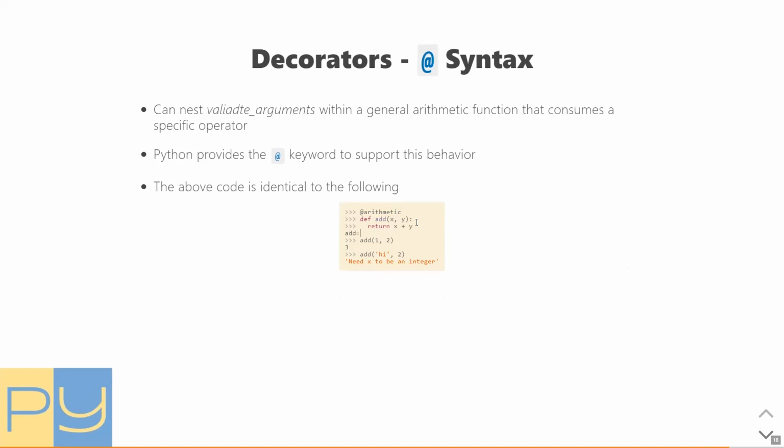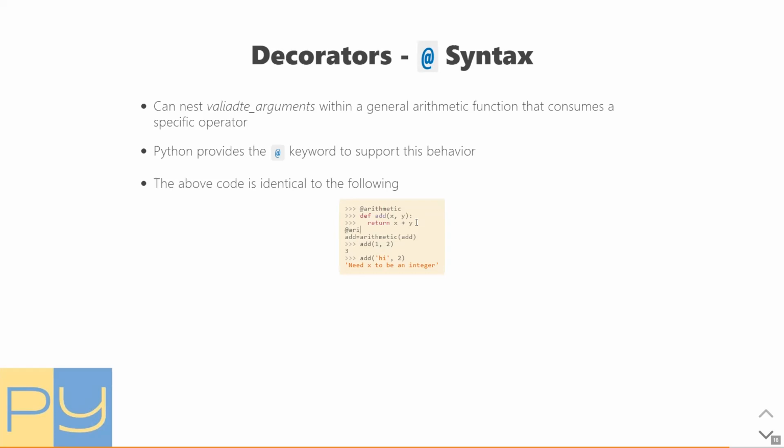This is equivalent to @arithmetic. The only difference is that @arithmetic goes on top of the function, while this would have to go below the function, based on how Python reads code from top down. Cool.